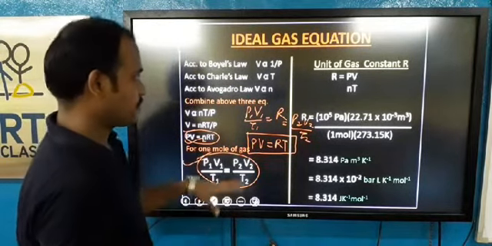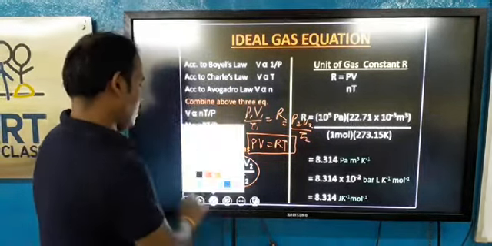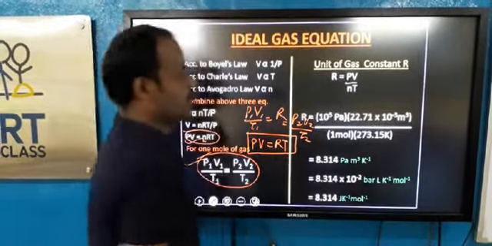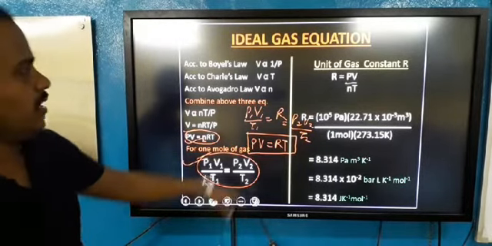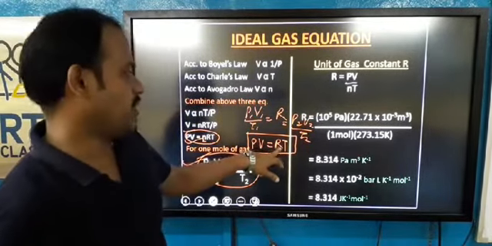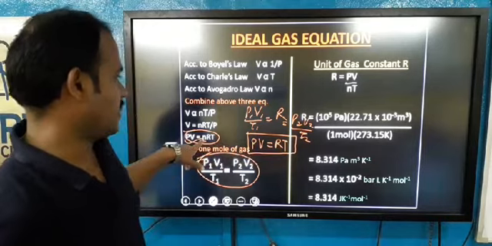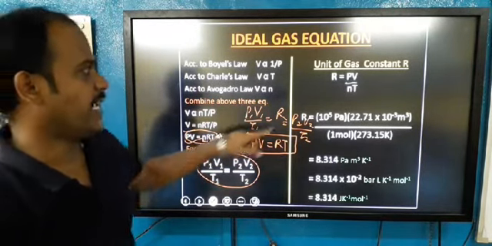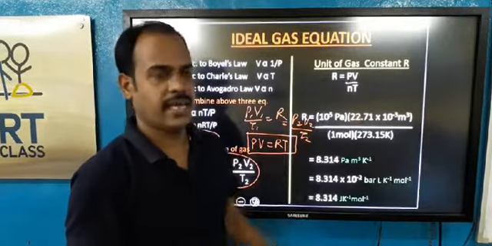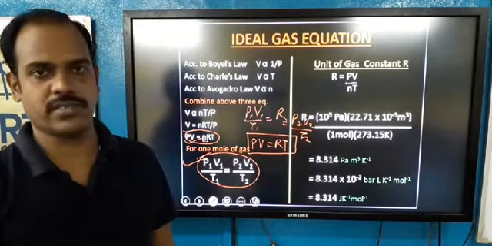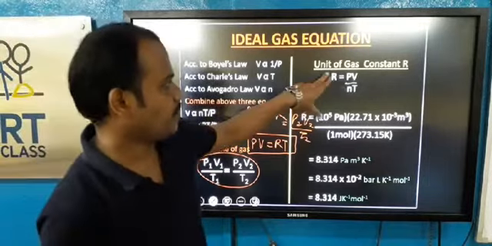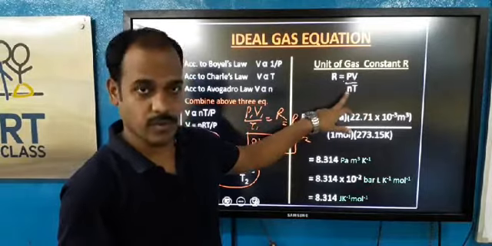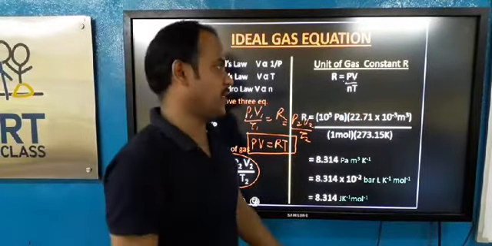Remember this. From this equation, now we have to calculate the unit of the gas constant. From this equation, R is equal to PV divided by nT. This is the value of the gas constant R. Now put the values of pressure, volume, number of moles and temperature.